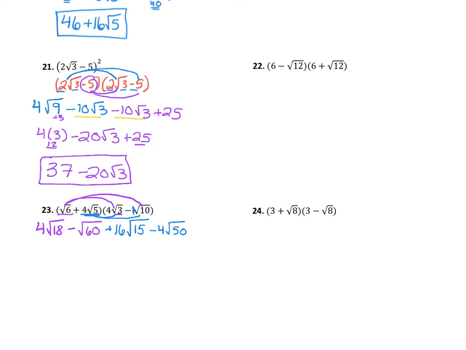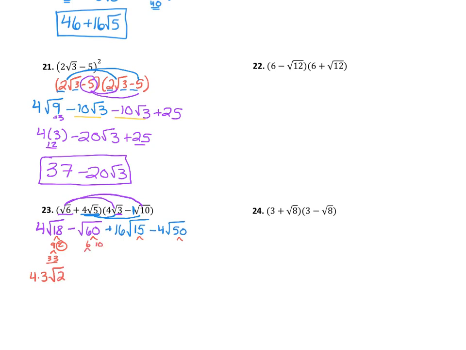Now I need to simplify down these radicals because, like we did in the problems with adding and subtracting, none of these are going to add together, but they can be broken down or simplified. So I need to simplify each of these as much as possible to see if any of my radicals will add together. So 18 will break down into 9 and 2, 3 and 3. So my pair of 3's will come out. So I'm going to have 4 times 3. My 2 will be on the inside.